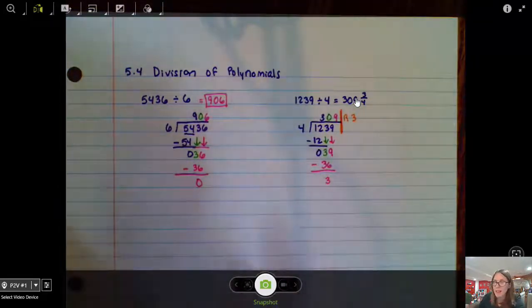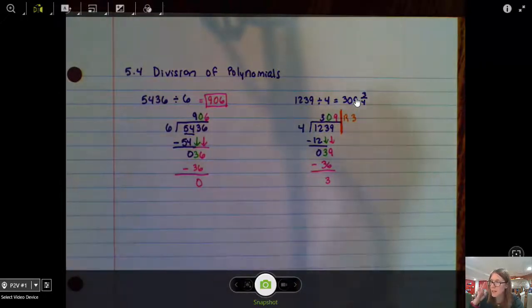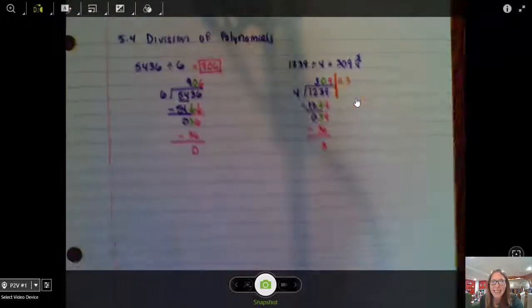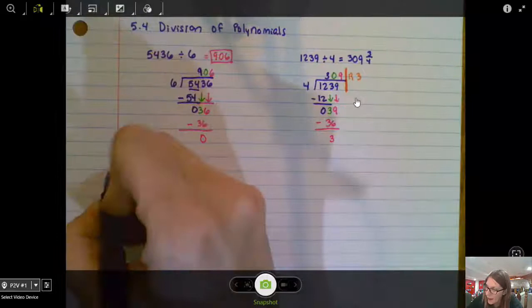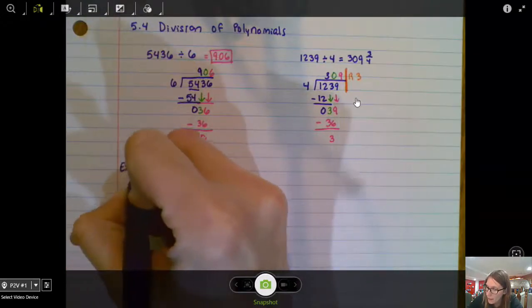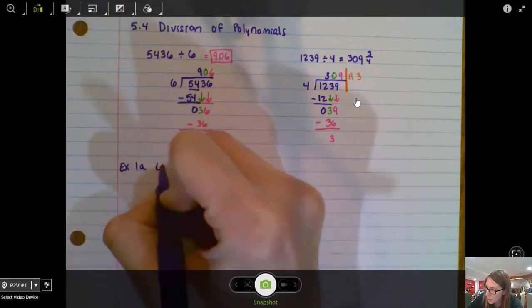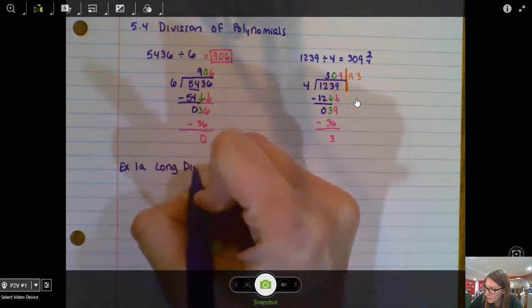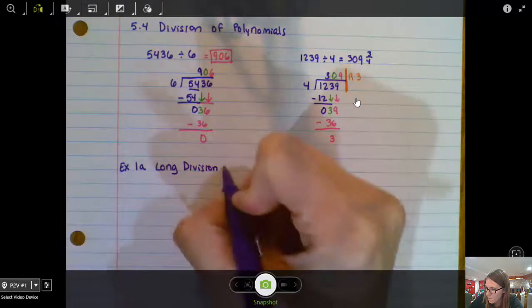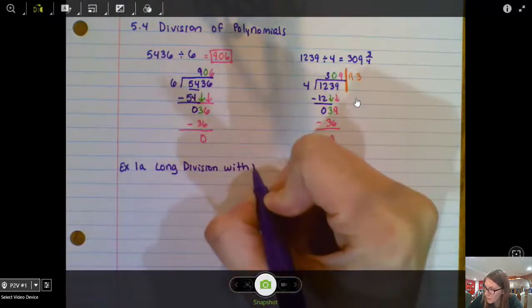Okay, so let's take the same strategy, the same process, and extend it to dividing polynomials. And that's what we have in example 1a here, where we have long division with polynomials.